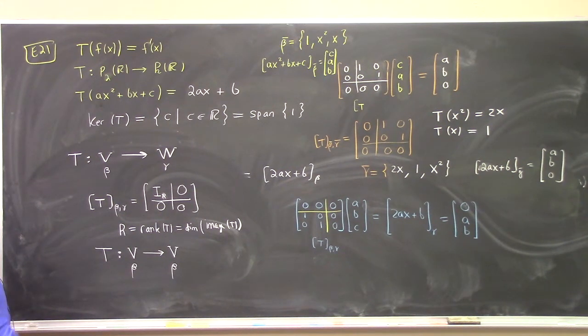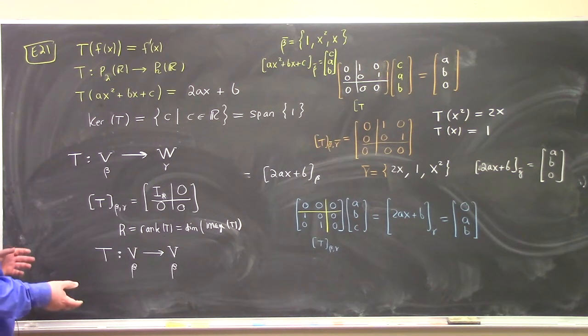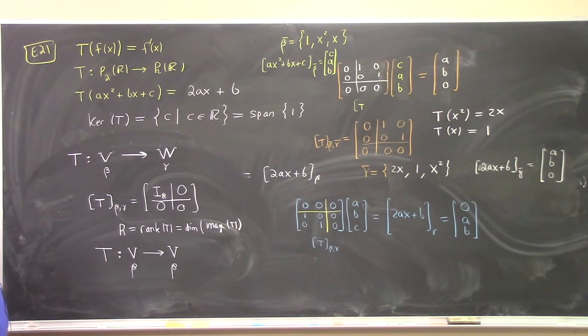Maybe the formula for T1 and the formula for T2 look different, but maybe there's just a change of coordinates that takes one formula to the other. How do you decide whether or not that's possible?